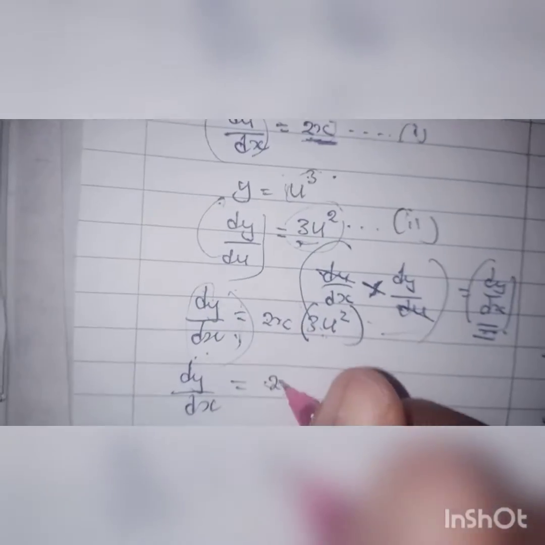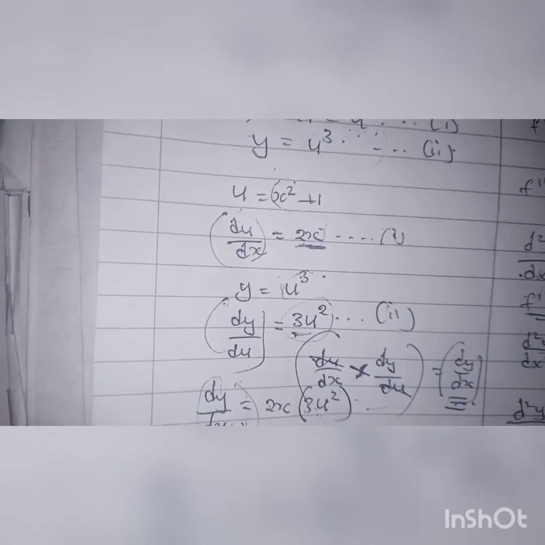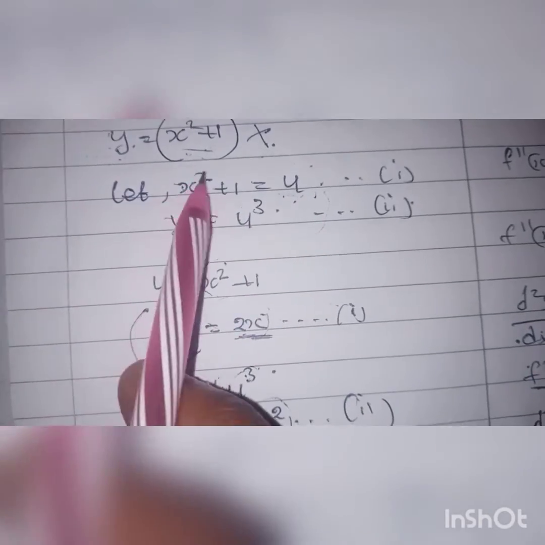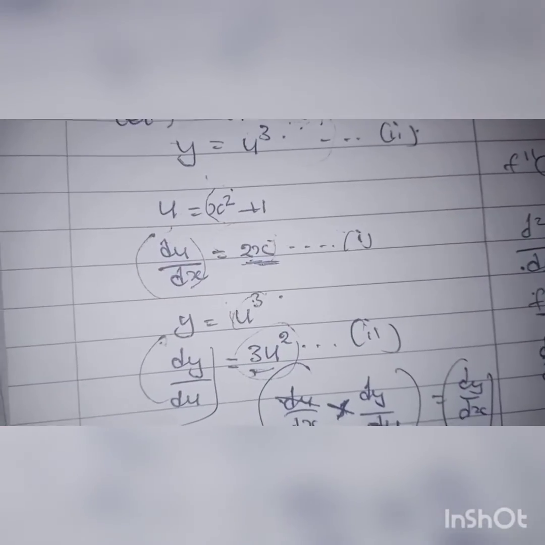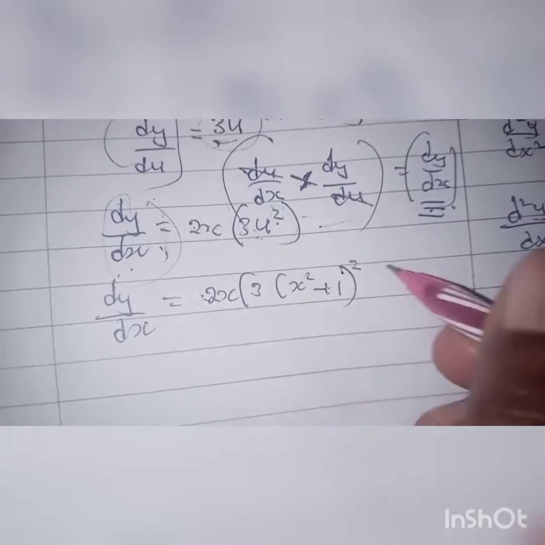Therefore, dy dx is 2x into 3 multiplied by u squared, with u equals x squared plus 1.